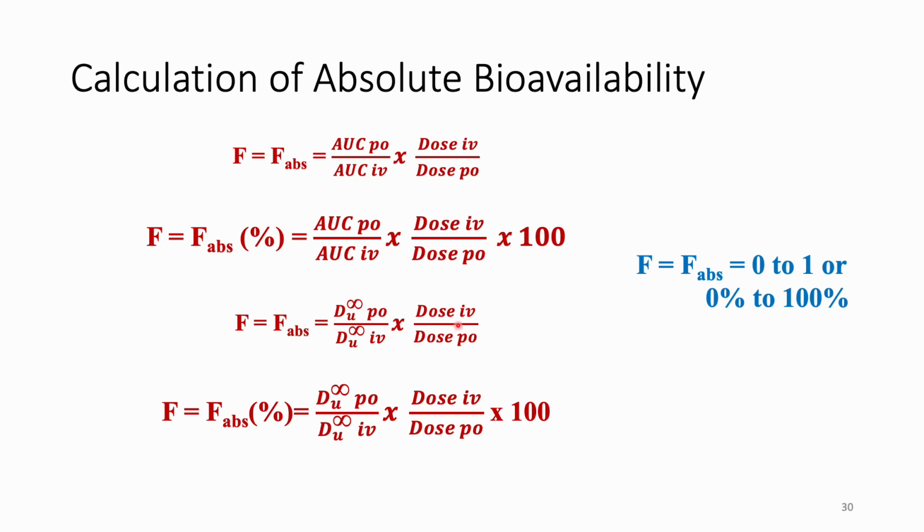Remember, if the doses are different, you need to standardize by multiplying by this factor. If the IV and oral doses are similar, the division is 1, so you can ignore it. And again, F can be calculated either as a fraction or a percentage. If a percentage, you use the same formula as for the fraction but times 100.